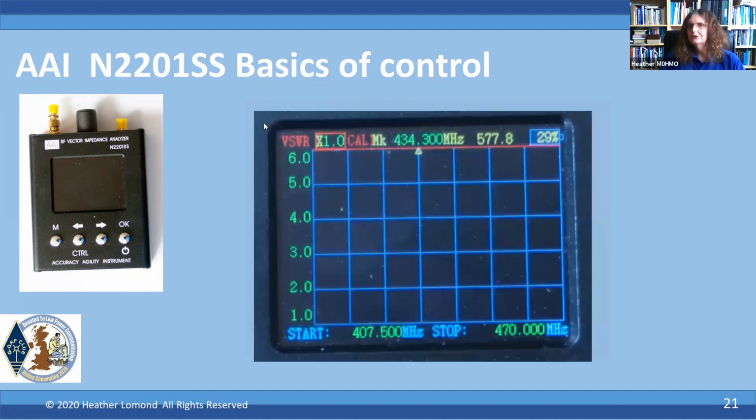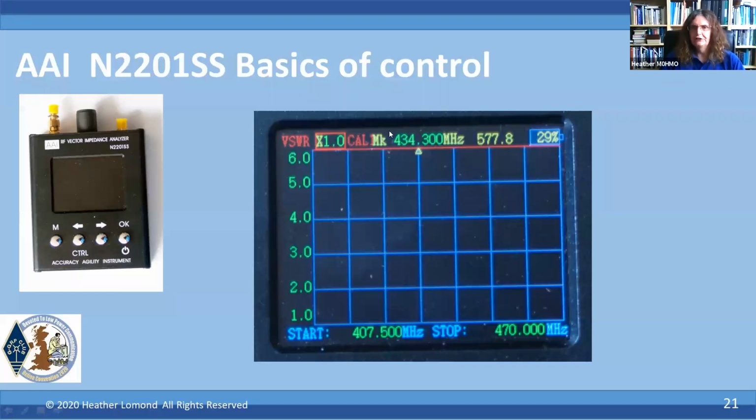If I press the mode button, I go into the more traditional view. And we'll take a quick look at this. So this is telling us we're measuring VSWR, which is what most of us are really interested with our antenna. We're starting the sweep, that's this point here, at 407 megahertz. We're finishing the sweep, that's this point at this end of the graph, at 470 megahertz.